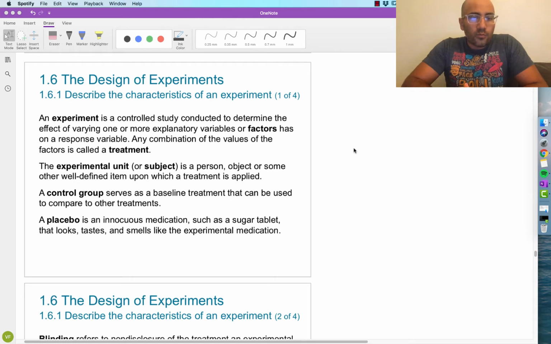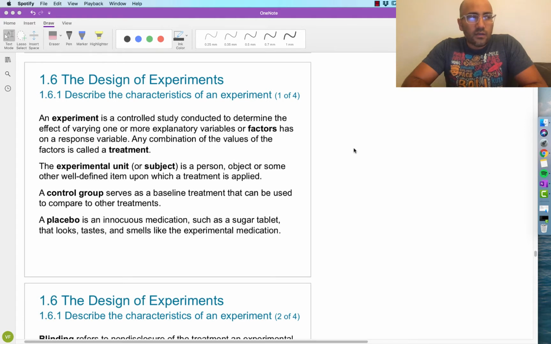A control group serves as a baseline treatment that can be used to compare other treatments. And a placebo is an innocuous medication, typically such as a sugar tablet that looks and tastes and smells just like the experimental medication. It doesn't have to be a medication.